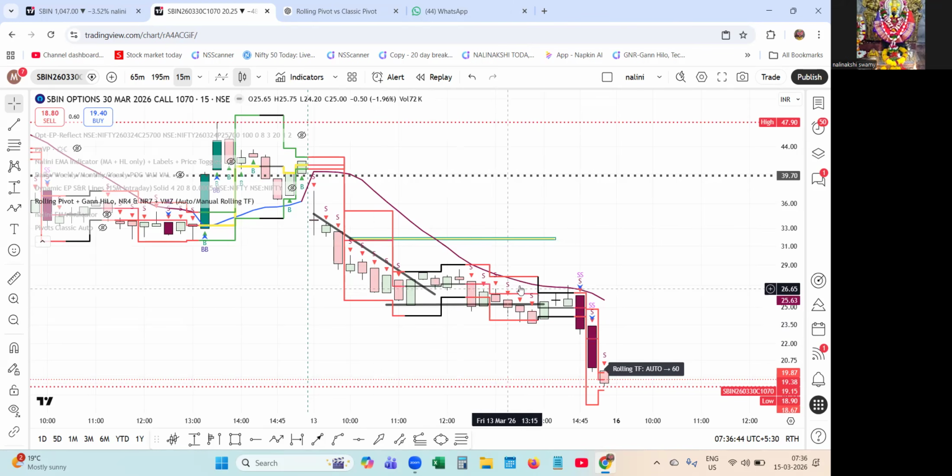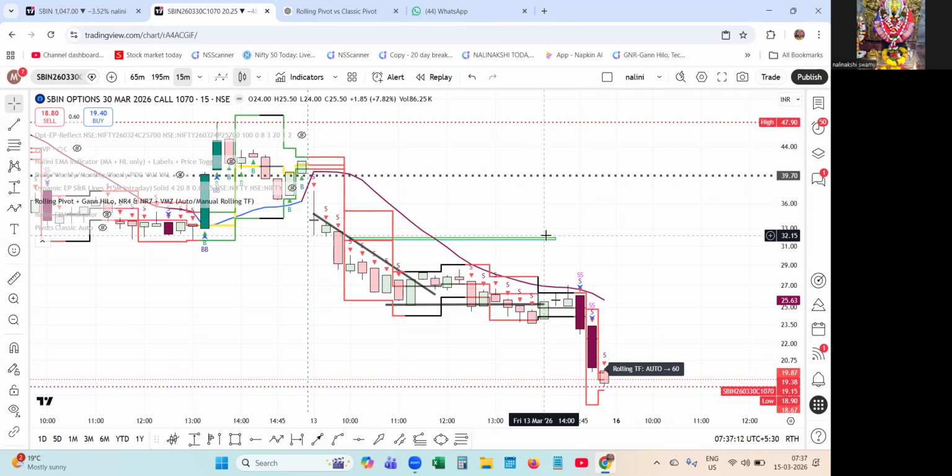This is where the big players, what the big money will do, they will gap down and move the market instantly in the first hour, and then they halt the market. They halt the market, and you get confused. Sometimes even in the afternoon session, upside momentum may come.